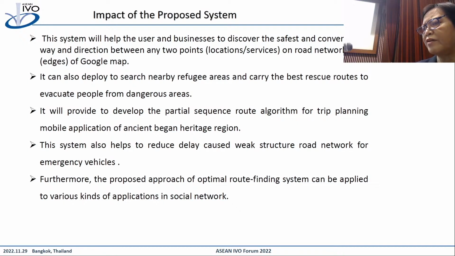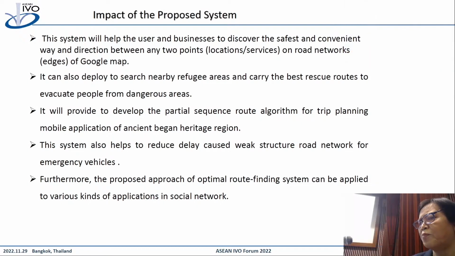It will help develop a partial sequence route algorithm for trip planning mobile applications in the ASEAN heritage region. This system also helps to reduce the delay caused by weak infrastructure in the road network for emergency vehicles. Furthermore, the proposed optimal route finding approach can be applied to various kinds of applications in social networks.